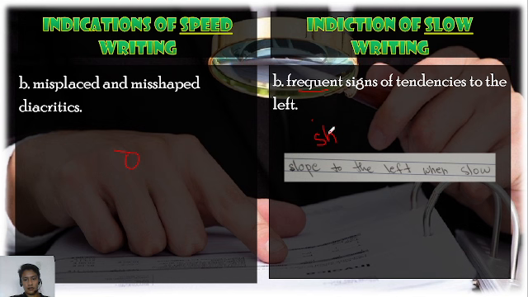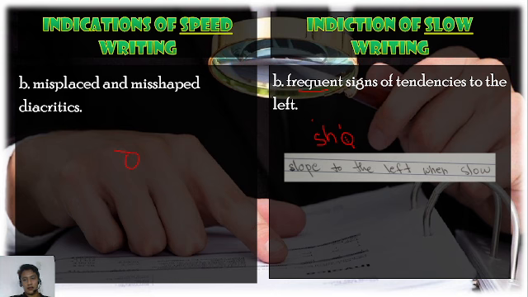Okay? Or if you are going to apply the determination of axis, the tendency is on the left. Okay? Yan yung common din na indication daw ng slow handwriting. Okay? But as to the fast handwriting, the tendency is on the right.